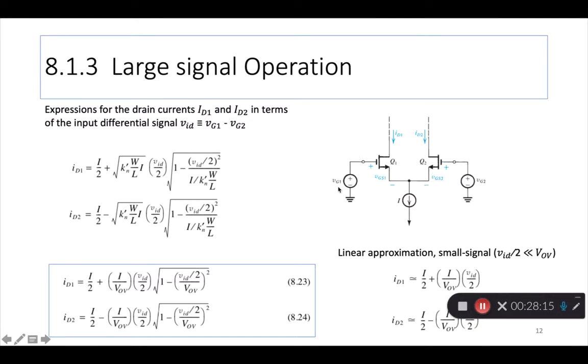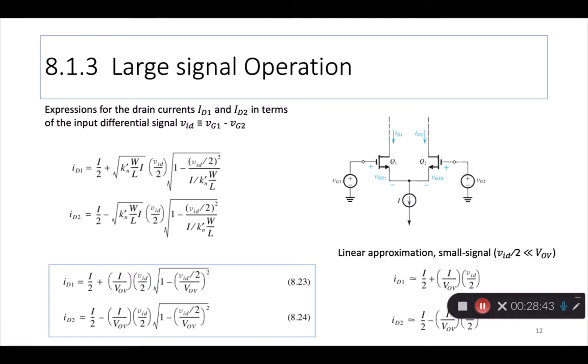If they were, then they would be common mode and they would be rejected. So assuming VG1 and VG2 are different, and the input is the difference between the two, then the overdrive voltage for the two devices will be the same, and that overdrive voltage is determined by I basically, because W by L is the same, right?